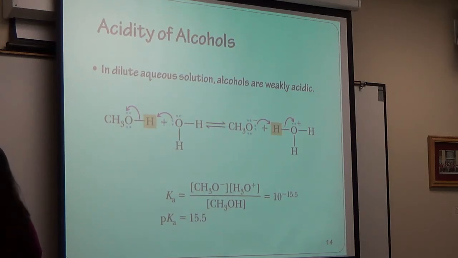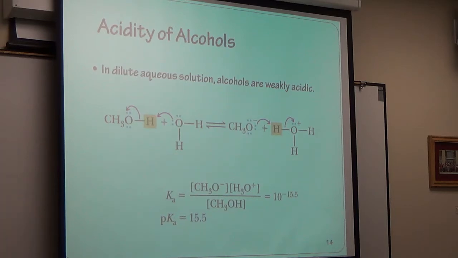Where just a little bit goes forward, but most of it is going back. Does that make sense? So you have to consider what is the combination. The ideal combination is strong acid, strong base. That's the best. But sometimes you can take something that's neutral, like an alcohol, and with a strong enough acid or base, you can get it to do the reaction.